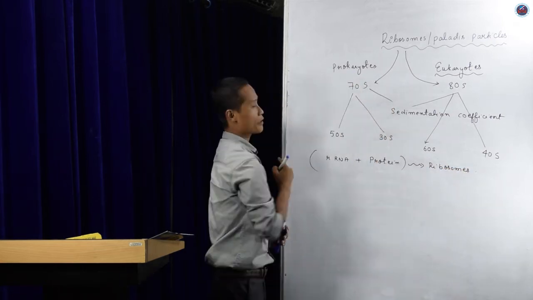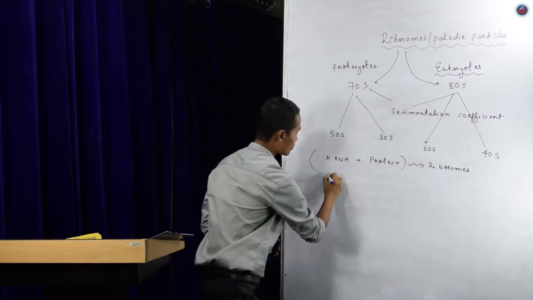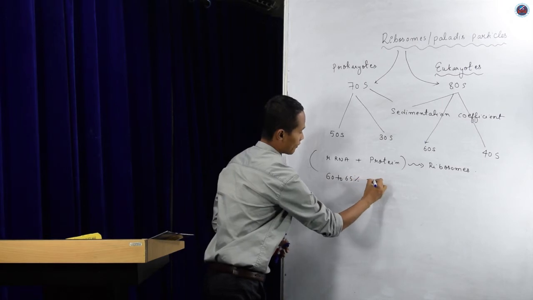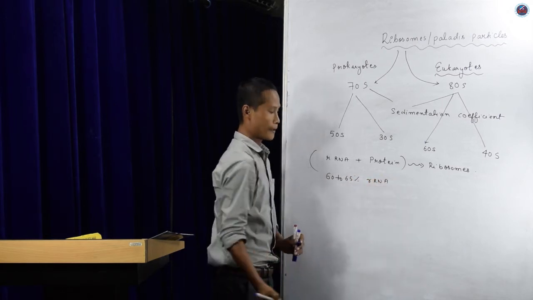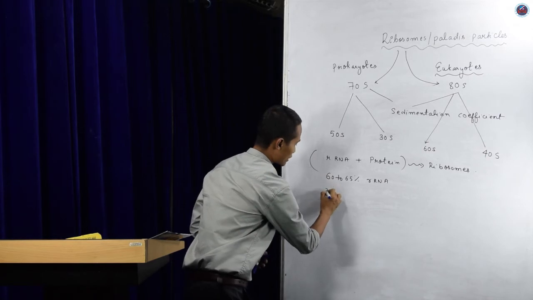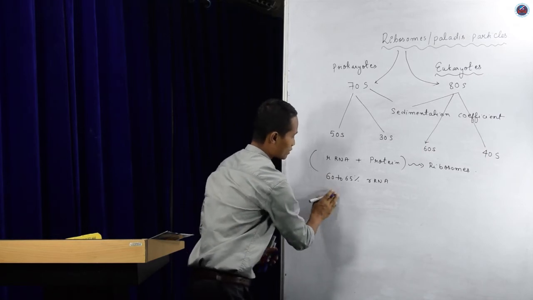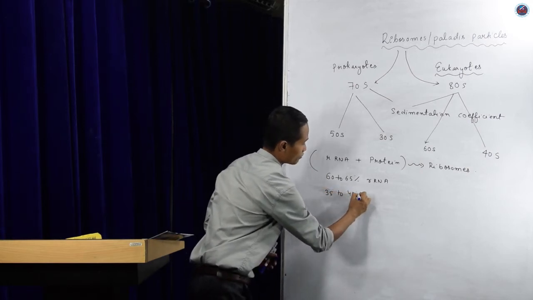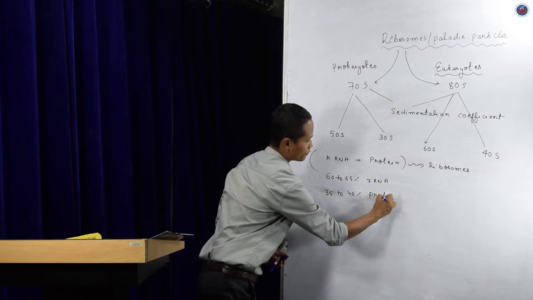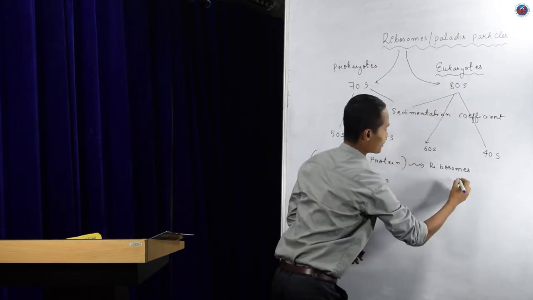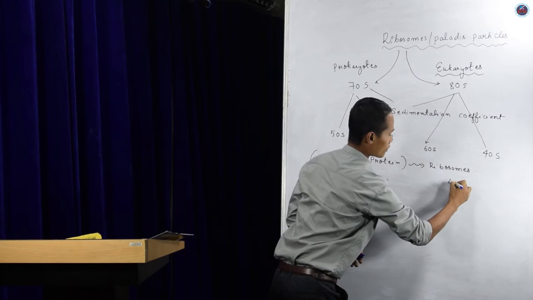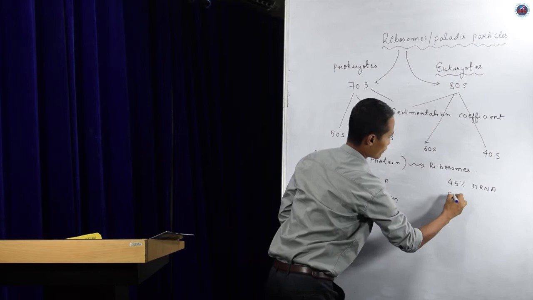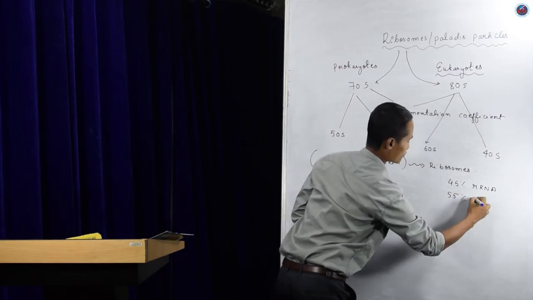In prokaryotes it is around 60 to 65% rRNA and 35 to 40% protein. In eukaryotes, it is 45% rRNA and 55% protein.